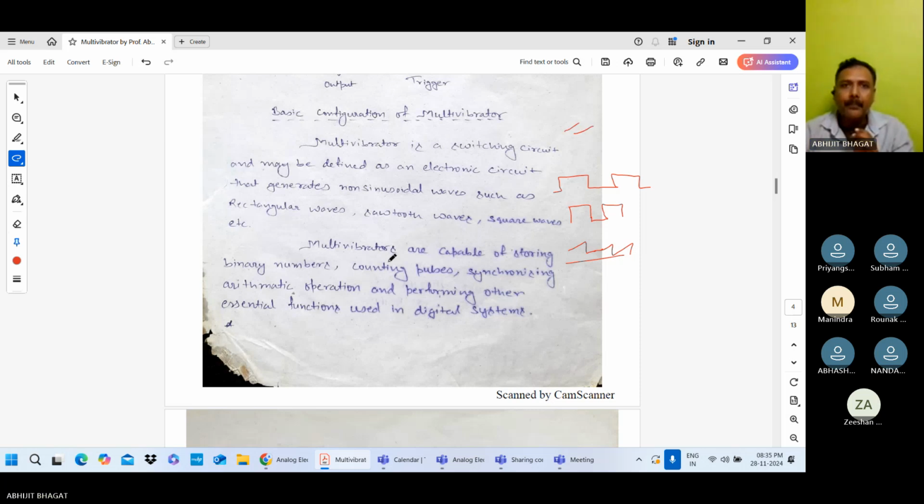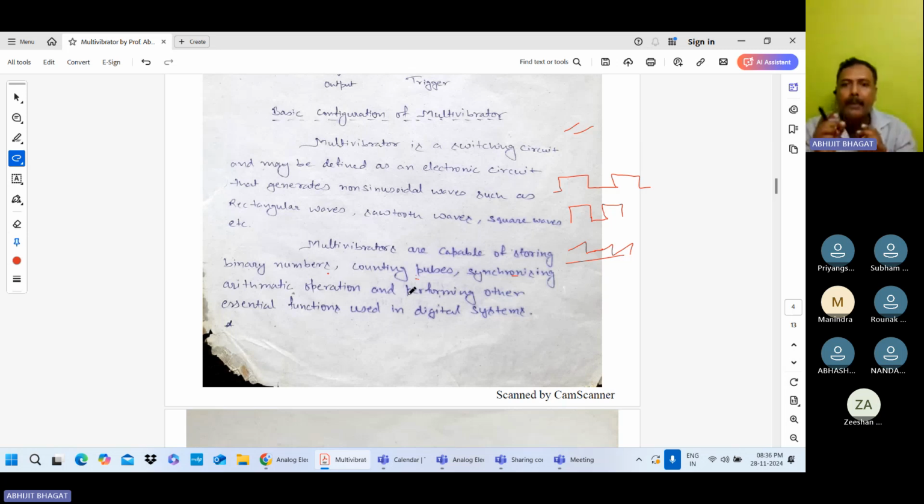Next, a multivibrator is capable of storing binary numbers. Whatever the binary numbers or binary data, this can be stored by using the multivibrator. It is also capable of counting pulses. Suppose for counting purposes, 1, 2, 3, 4, 5, 6, like this counting, you can design by using the multivibrator. Then synchronizing arithmetic operations.